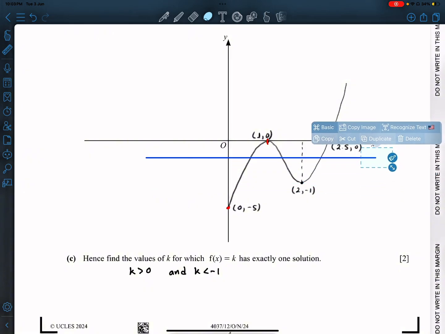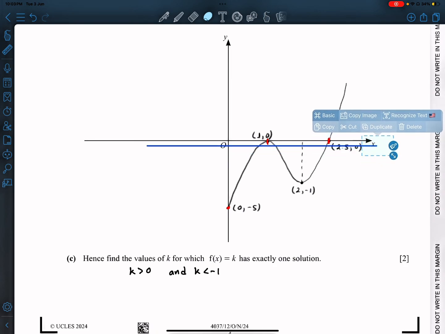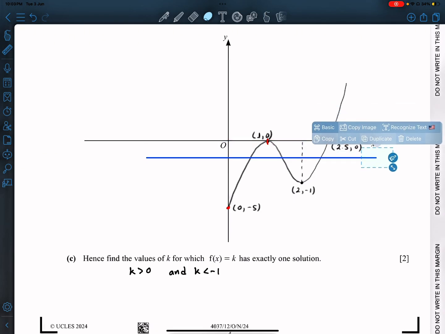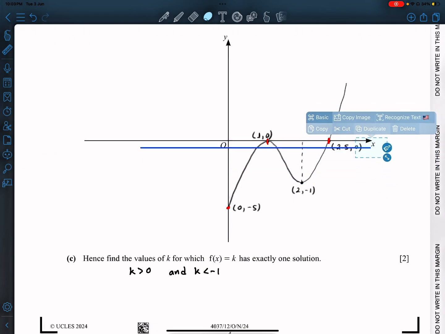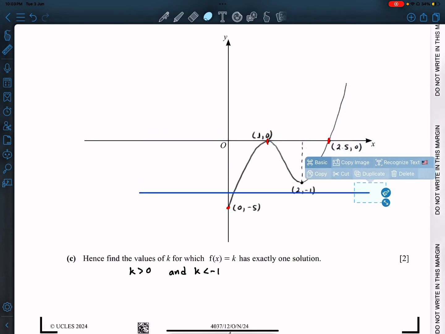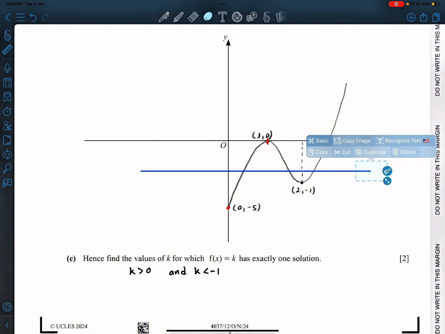So let's see. Here we have 4 solutions. Here we have 2 solutions because one is a tangent point and the other one is an intersection point. Here we have 2 solutions as well. But once we go over this point, we get one solution. And once we get under this point, we get one solution. Here we get 4 solutions again.